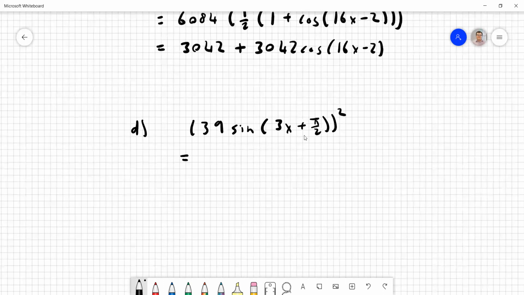So as before, we can remove our bracket by squaring 39 and by squaring the sine of 3x plus pi over 2 to give us 1,521 sine squared 3x plus pi over 2. And we apply the identity for sine squared.